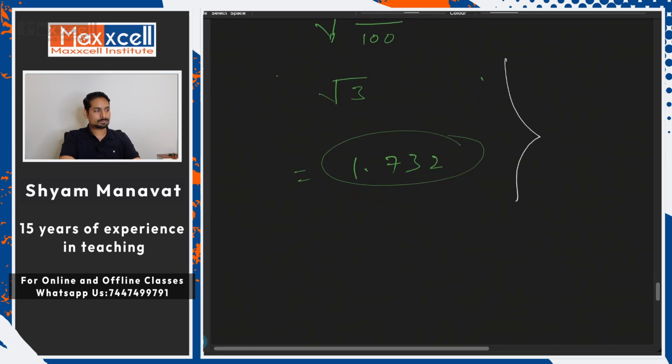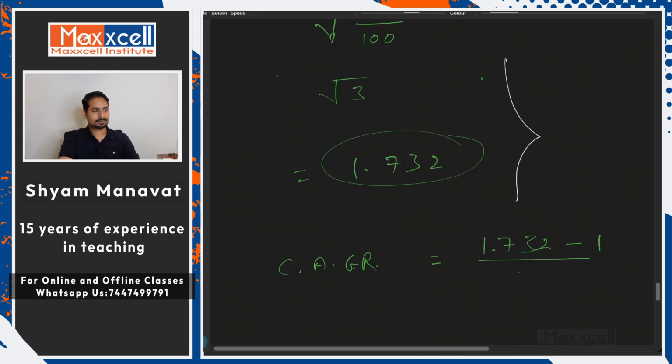So to get the compounded annual growth rate, I need this value, and it is always in percentage. So what will you say? This is the increased value, 1.732.